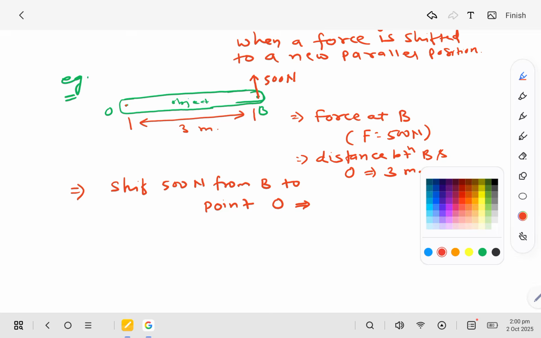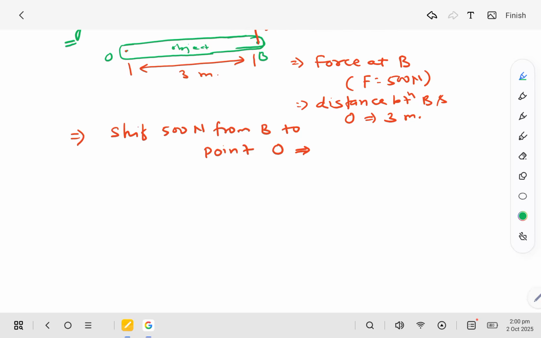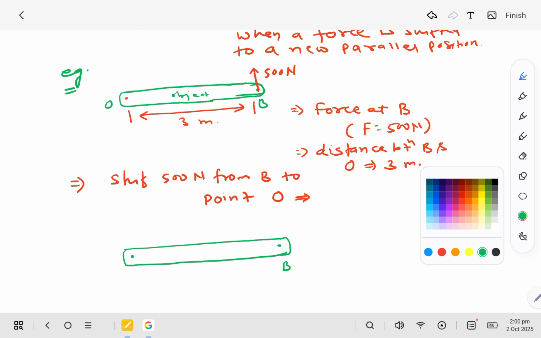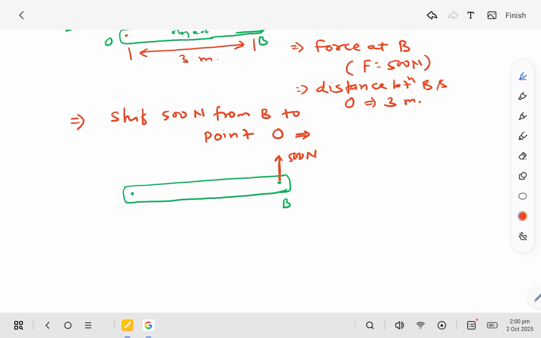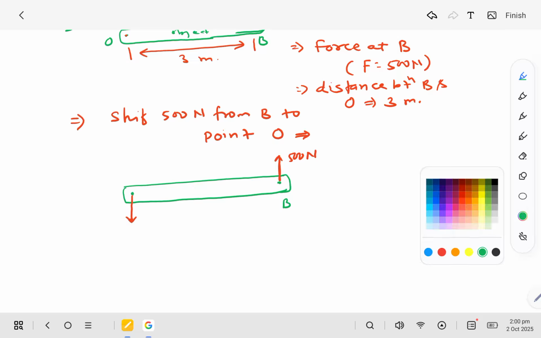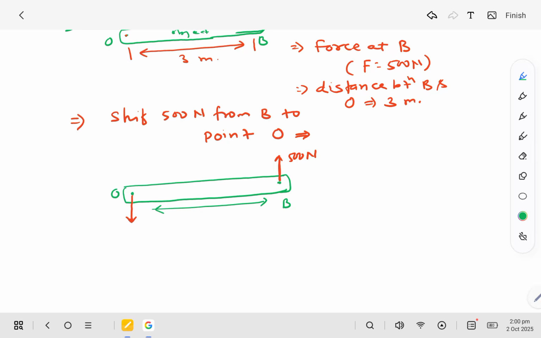So the first step is this. This is point B, the force is acting here, 500 Newton. Now I will introduce two forces of the same magnitude but in opposite directions at point O. This is point O and the distance is 3 meter.